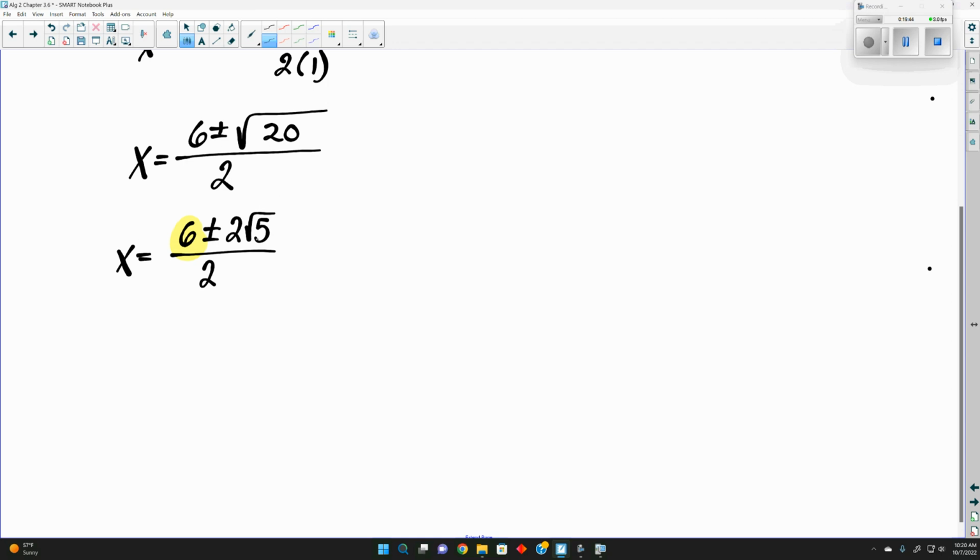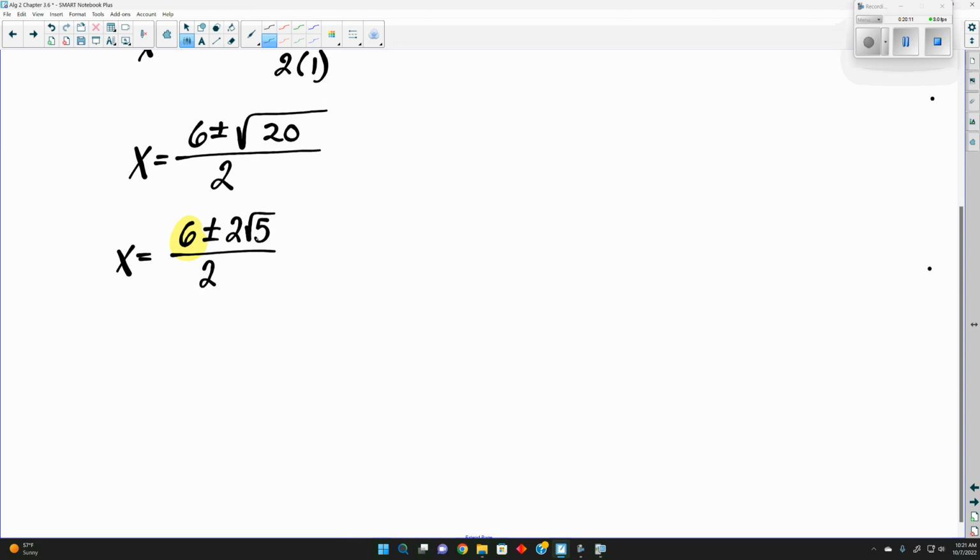Any questions on this so far? Any questions on any of this so far? Will the 6, 2 square root of 5, and 2, will all of these divide by 2? Will 6 go into 2? Does 2 go into 6, yes? Does 2 go into 2? Then 2 will go into 2, yes?